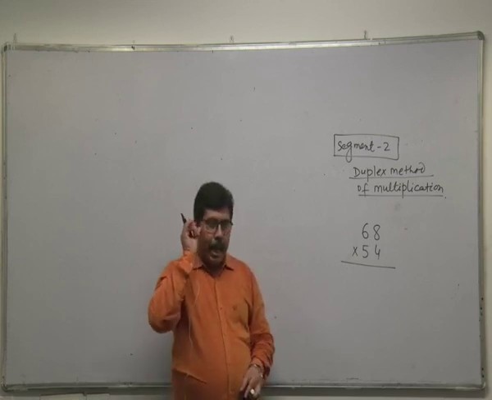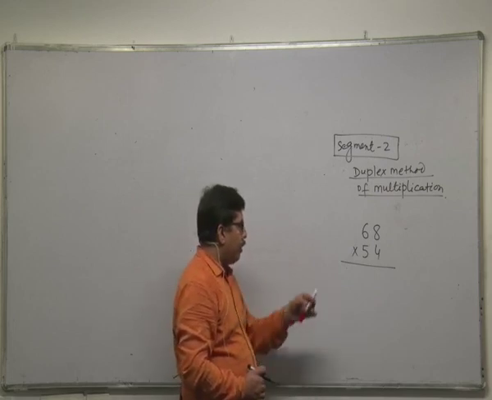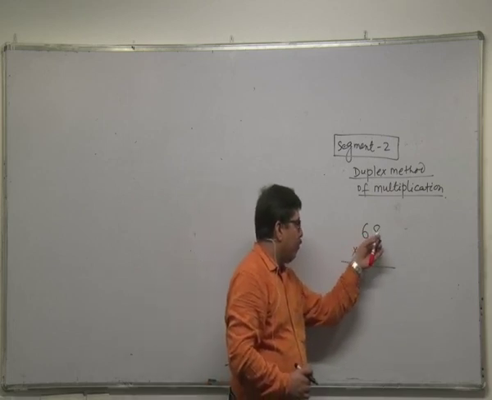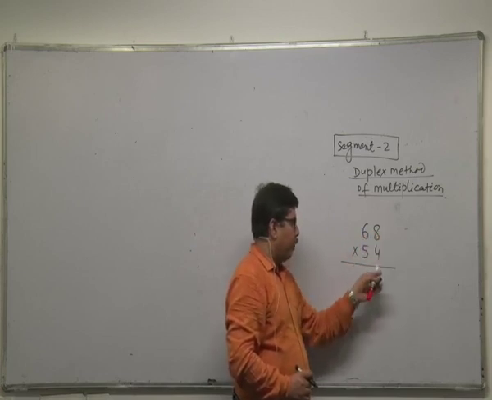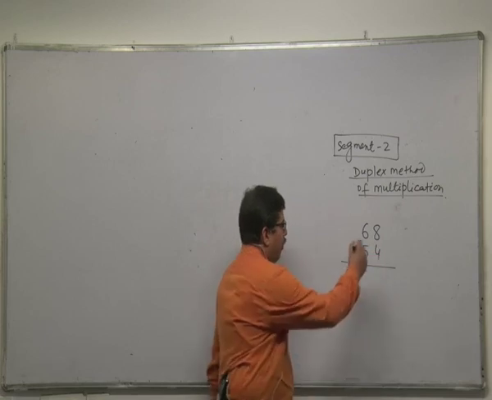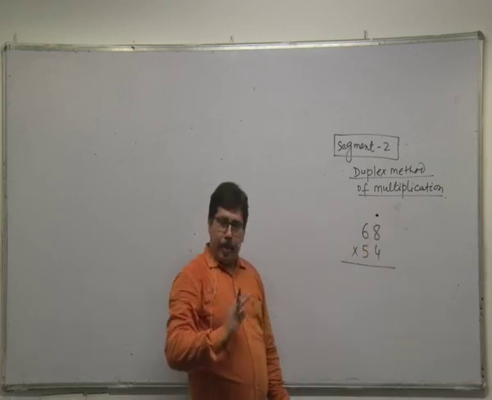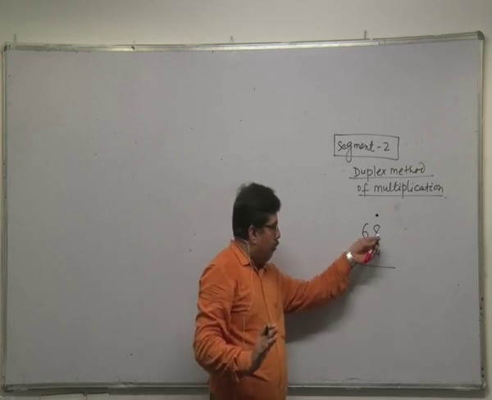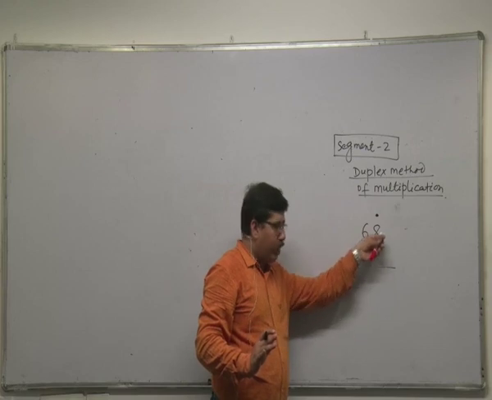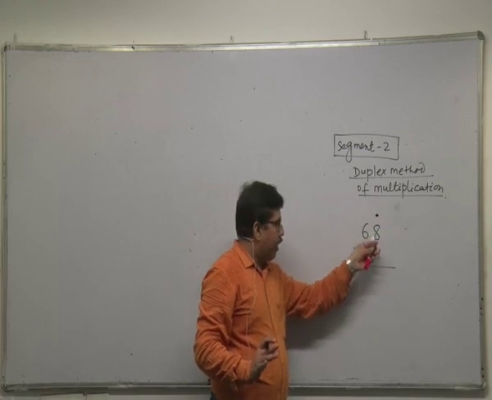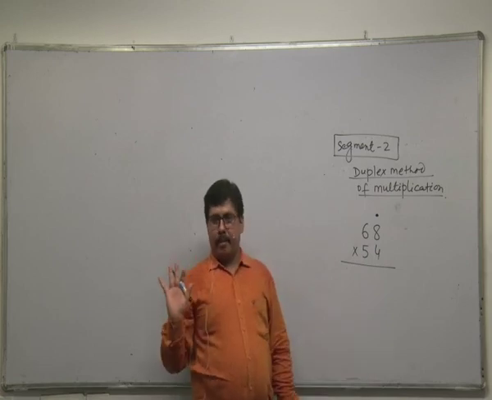So the stepwise approach is: the first step is to consider the digits from the right hand side. The rightmost digits are 8 and 4. Take the digits 8 and 4 in one go. Whenever you consider the rightmost digits, the result is simply the multiplication of these two. So take one digit at a time from the right hand side in step number 1.